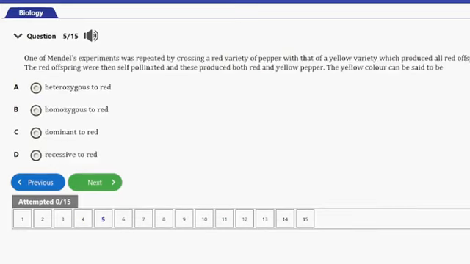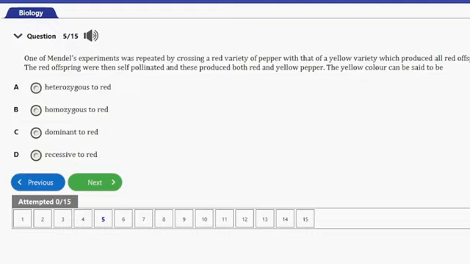So let's consider the next question, question number 5. It says here, one of Mendel's experiments was repeated by crossing a red variety of pepper with that of a yellow variety, which produced all red offspring. Then the red offsprings were self-pollinated, and these produce both red and yellow pepper.